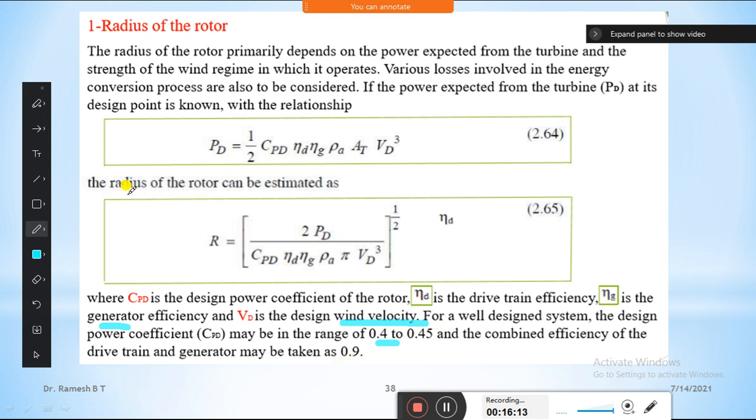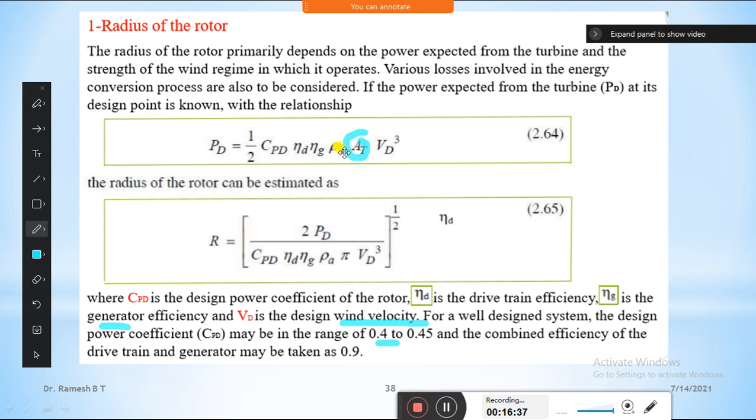So that it can reduce, the radius of the rotor can be estimated by R is equal to, okay, I want radius. This area A is there. Area is equal to pi by 2 R square, or pi by 4 D square.